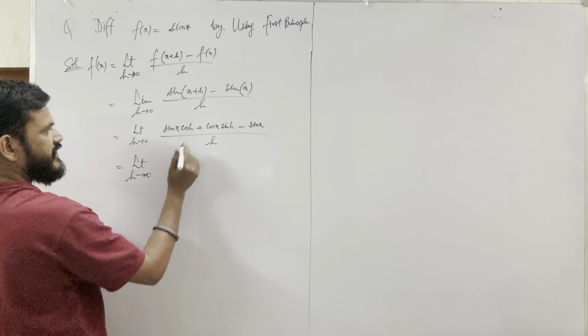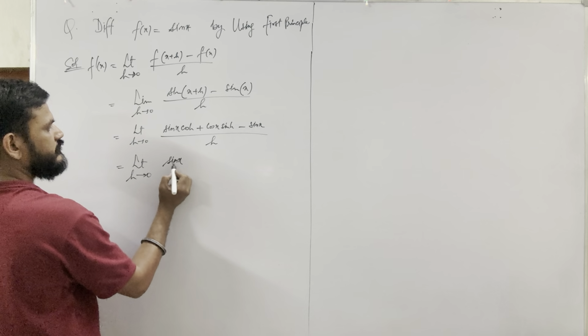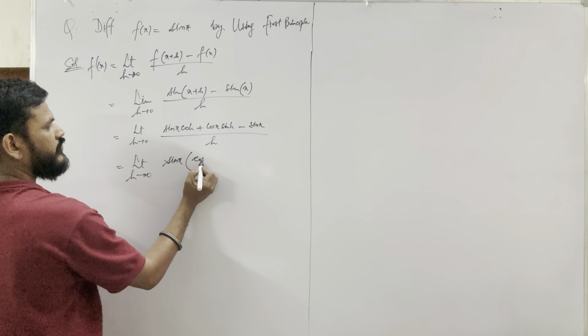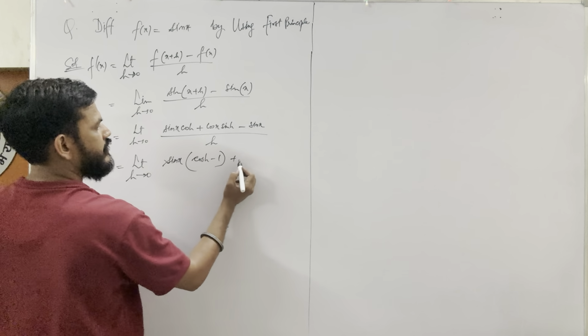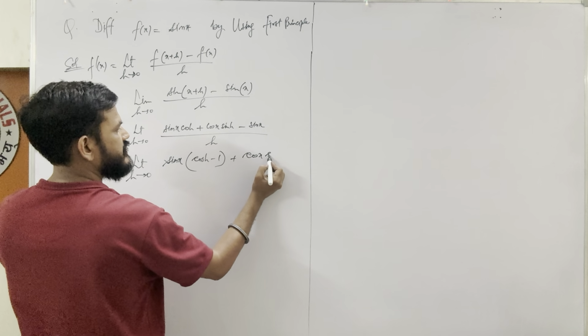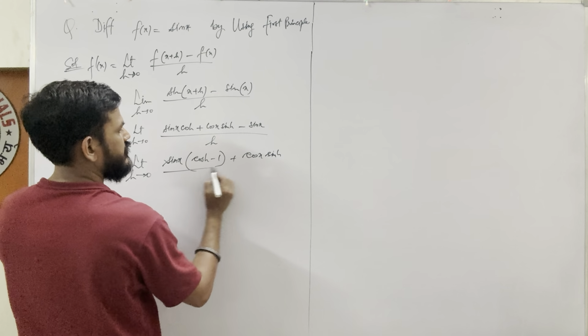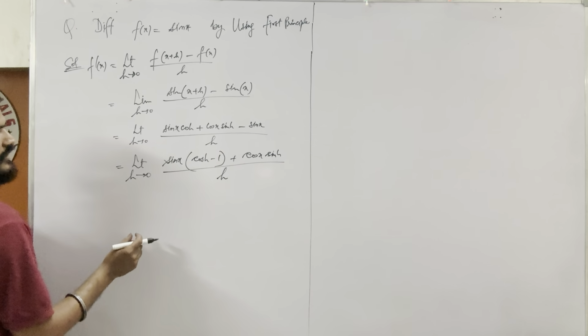We take sin x common here, so you get cos h minus 1 plus cos x sin h divided by h.